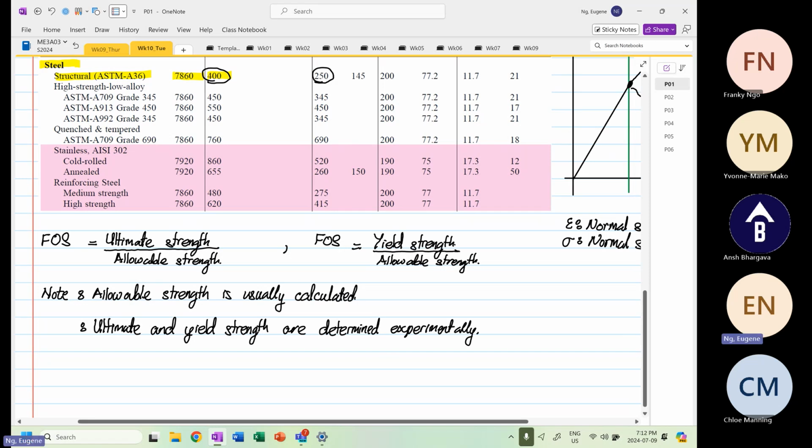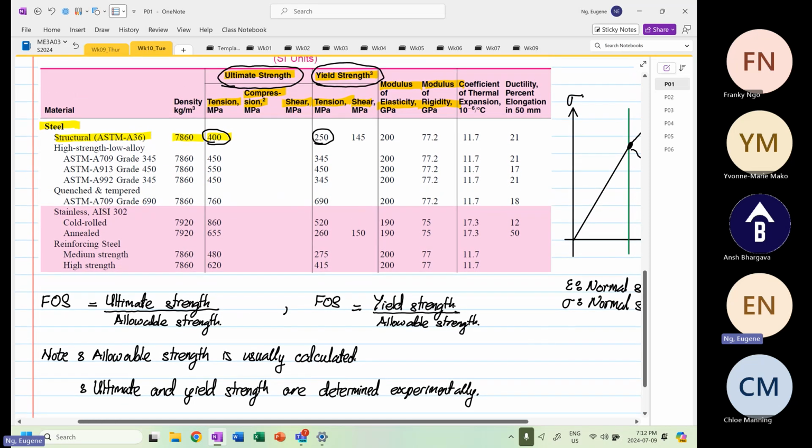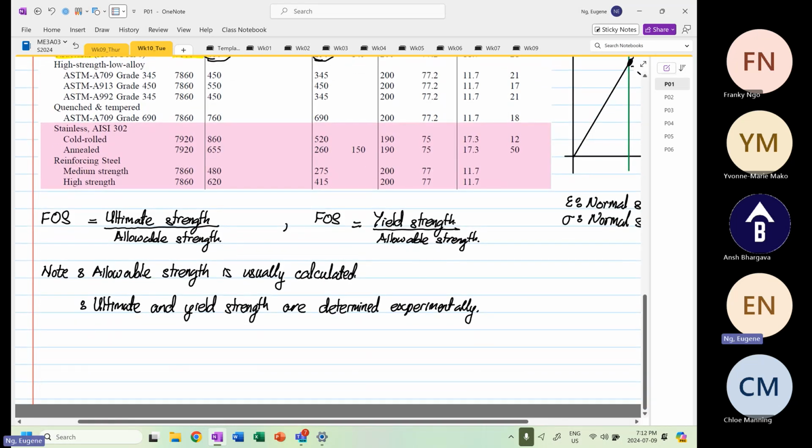So we have our tensile ultimate strength and our tension yield strength. When do we use the ultimate strength, and when do we use the yield strength?